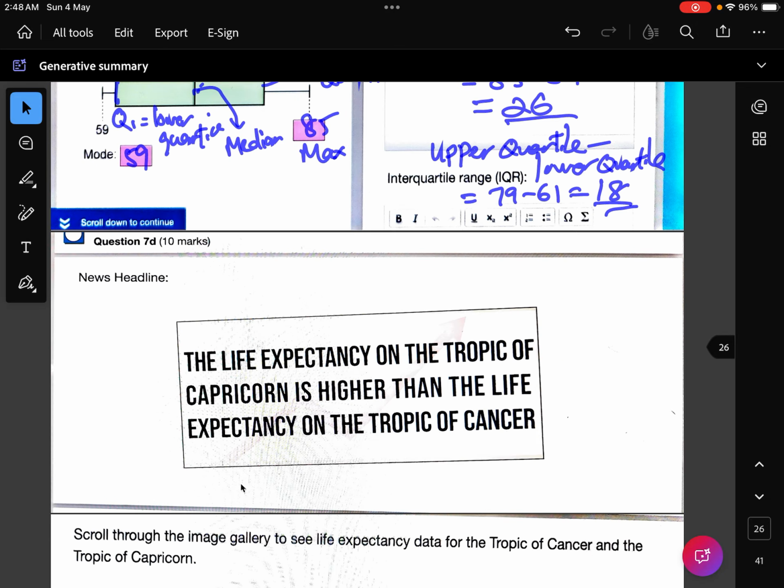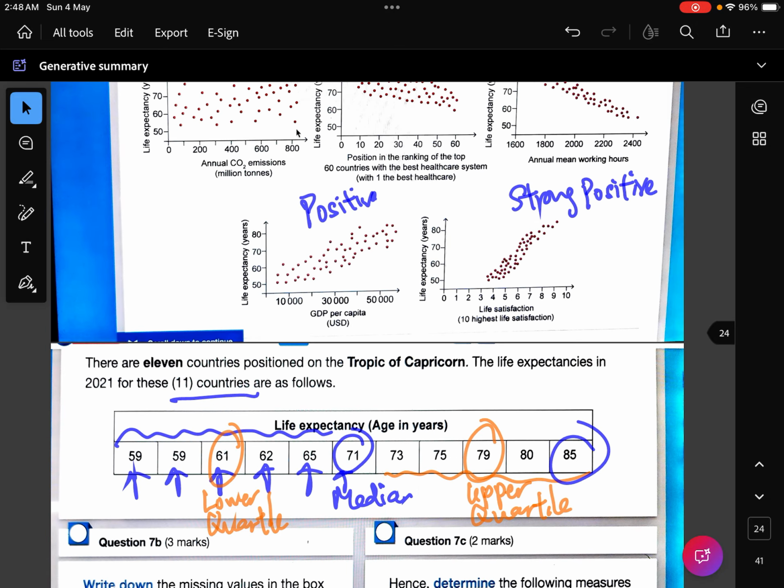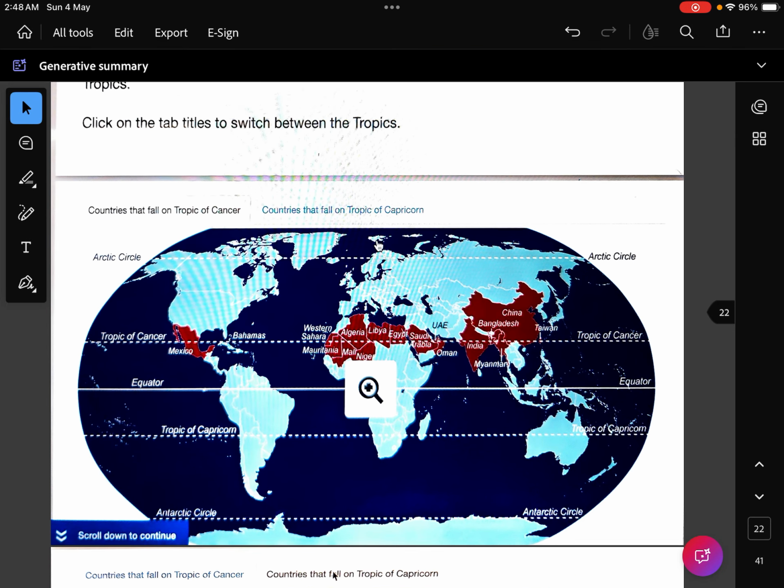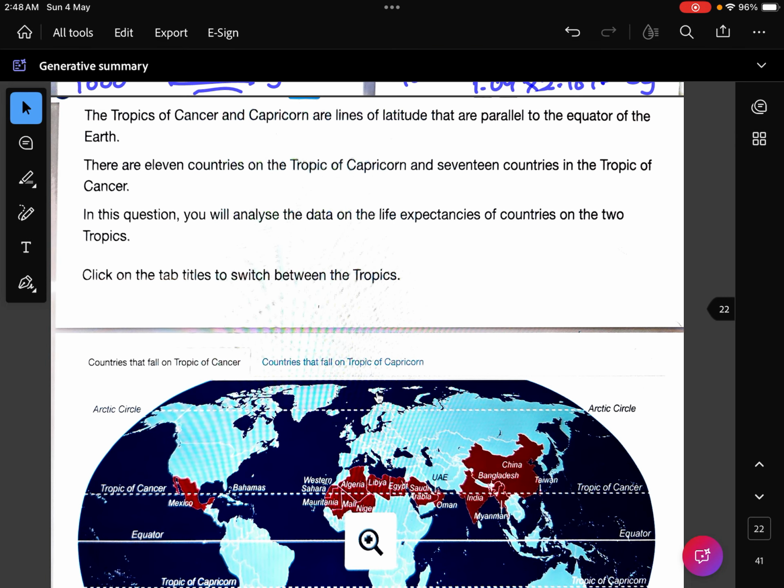So just want to show you there are some clues that you can actually use for this question here. If you read the earlier part, it says that there are 11 countries on the Tropic of Capricorn and 17 countries on the Tropic of Cancer. So when you have two tropics where they have different countries, we got an issue here, okay?